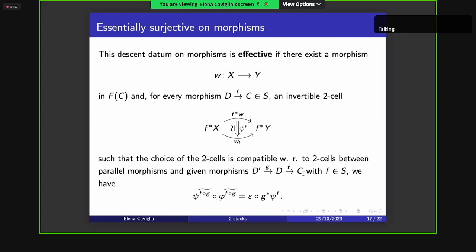And given a morphism G, we have this natural condition, which is the analog of the condition that we had for objects in dimension 1. It relates the same data, and this two cell epsilon is a canonical two cell given by the fact that F is a trihomomorphism. So again, we have the same condition, and we notice that here our conditions are equalities.